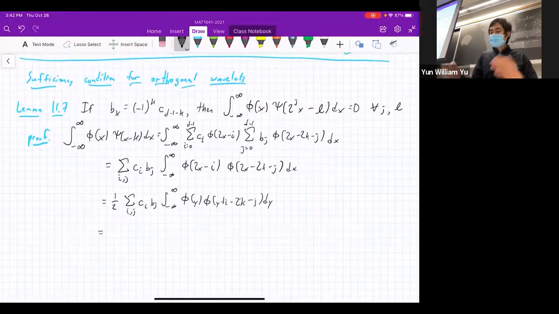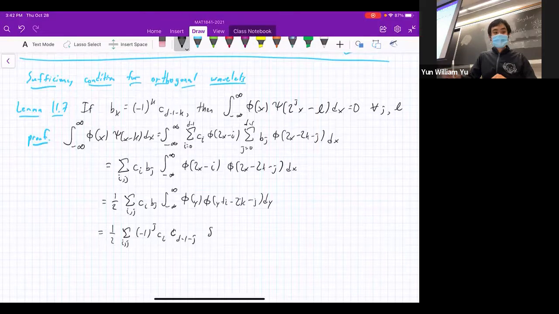And notice also that we know what our b_j's are. They're just (-1) to some power times some other c. That's equal to 1/2 times the sum over i, j of (-1)^j c_i c_{D-1-j} times some delta function of i minus 2k minus j.